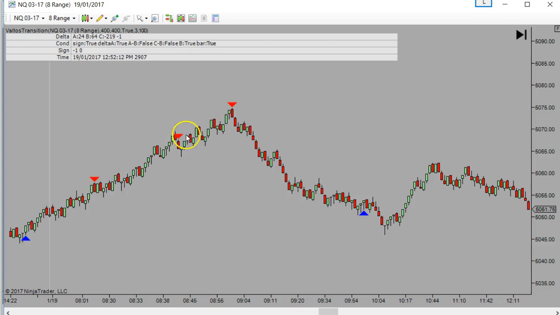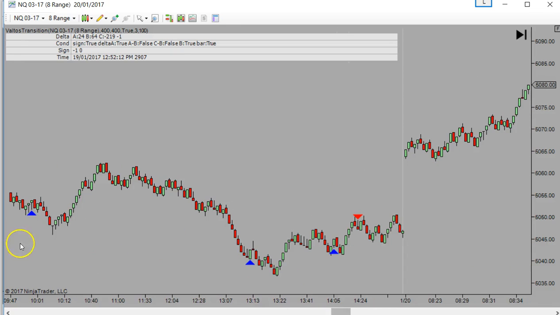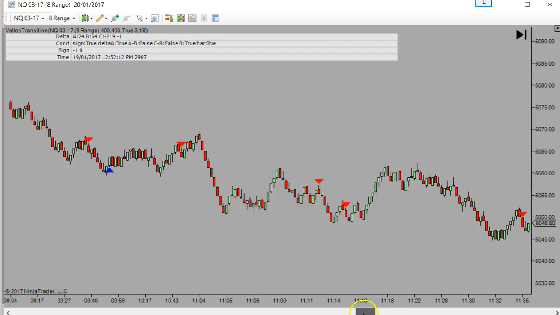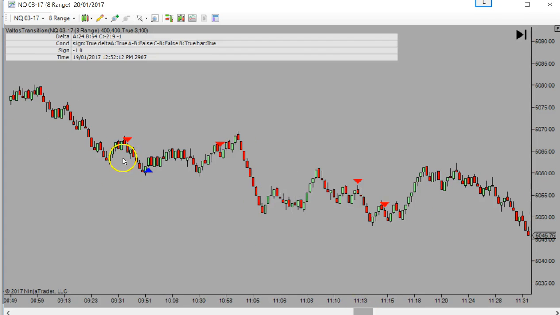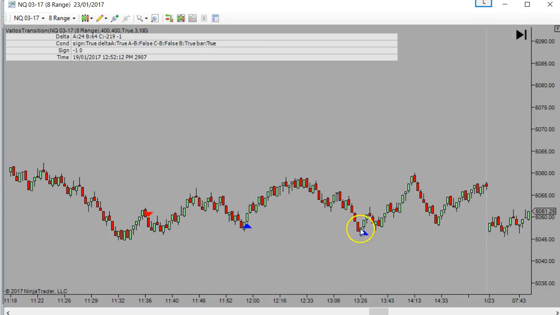This one failed. This one failed. This one, nice winner, gets back what you just lost over those last couple of trades. And then it comes back with sort of a loser and a loser. This one's kind of mixed. You get what you will out of that. It's a nice one.